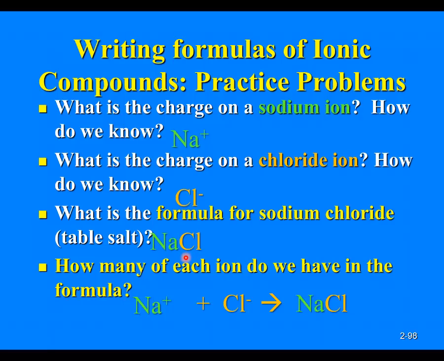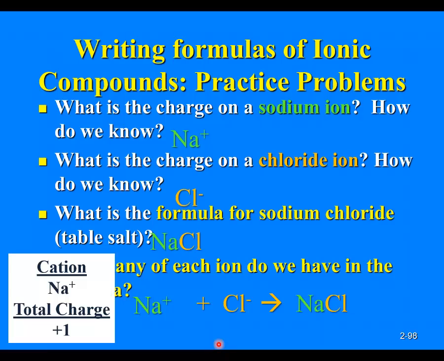Sometimes it's useful, especially as we get to more complex ionic compounds, to set up some tables to look at the number of ions we have and their overall charge and make sure we're adding up to 0. So in this case, you probably didn't need to do that, but let's just practice it. Let's say we have a table with our cations that we have present. We're predicting one cation. So it's a sodium cation with a +1 charge. So my total charge for all the cations I'm predicting are in my formula is a +1.